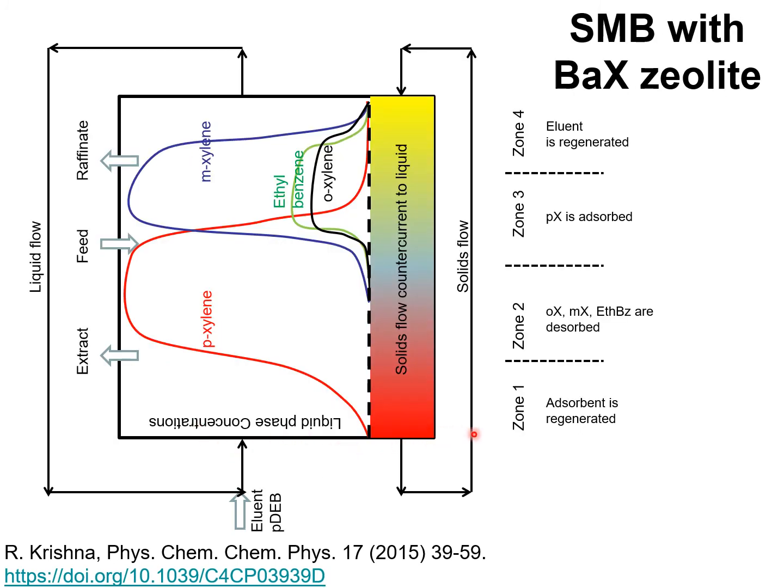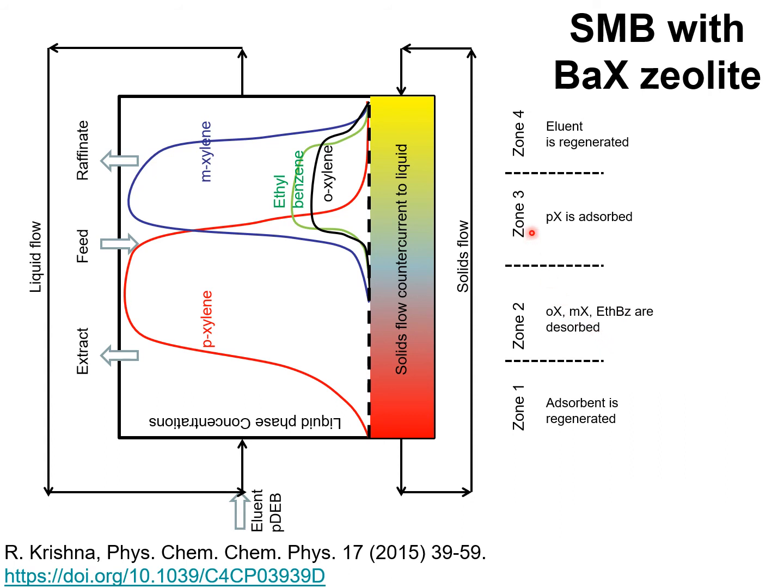There are essentially 4 zones in the operation of an SMB adsorber. In zone 1, the adsorbent is regenerated. In zone 2, orthoxylene, metaxylene, and ethylbenzene are desorbed.